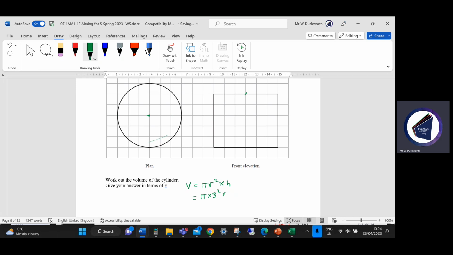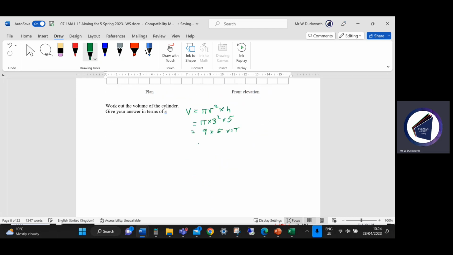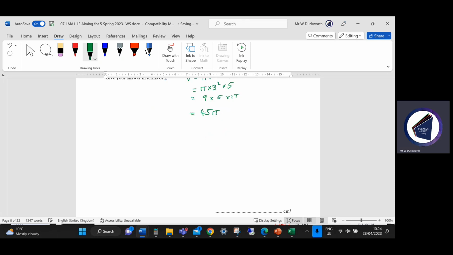So this is the width of the cylinder and this is the height of the cylinder, which is 5. So we're looking at 9 times by 5 times by pi. So in this case, 45 times by pi. Giving your answer in terms of pi, we're looking at 45 pi.